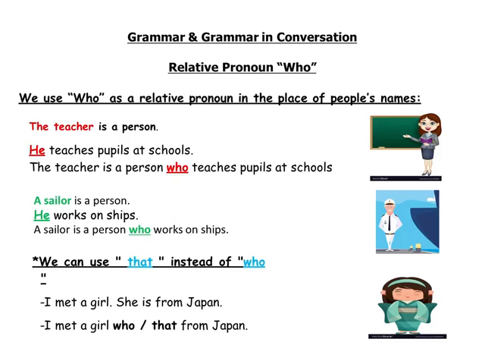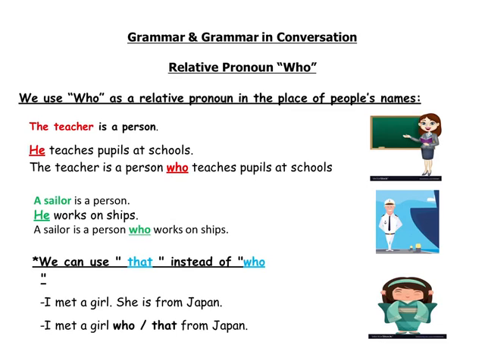Okay. I want to make the two sentences only one sentence. How can we join the two sentences? We'll have the first one, the teacher is a person, as it is. Then we delete the full stop, okay, to write who, and we use who.